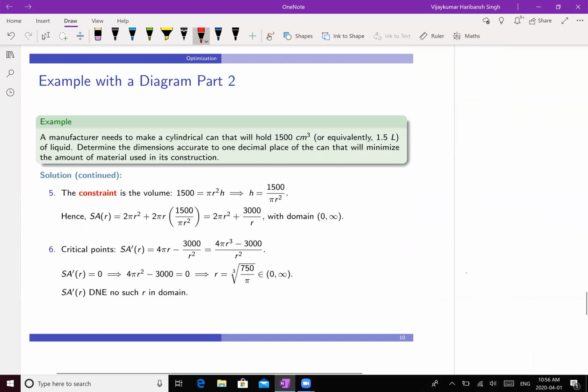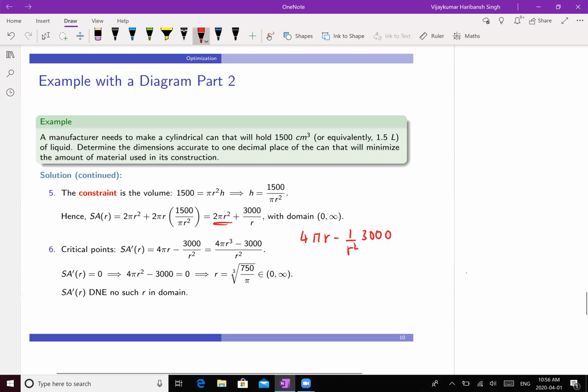So same things, let's find the critical number for this. So derivative of this with respect to r is going to be 4 pi r, and the derivative of this is going to be, what is the derivative of 1 by r? Derivative of 1 by r is going to be minus 1 by r square. So minus 1 by r square times 3000. And then when you simplify this, you get 4 pi r cube minus 3000 divided by r square.